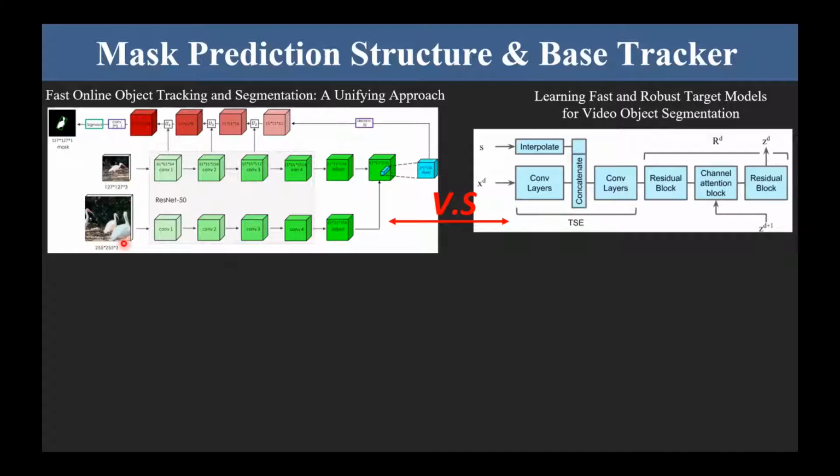The original AlphaRefine adopts a mask prediction head similar to that of SiamMask. In the strengthened version, we replaced it with a more delicate architecture that is used in the paper Learning Fast and Robust Target Models for Video Object Segmentation. This further improved the accuracy of the predicted mask.